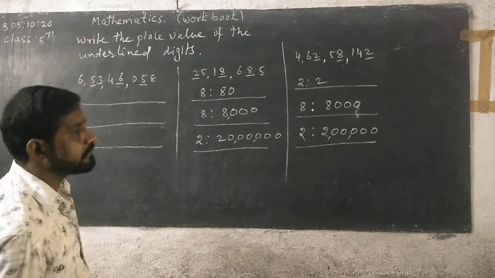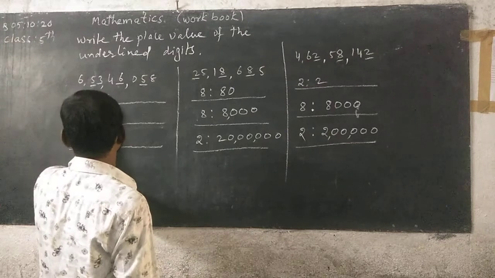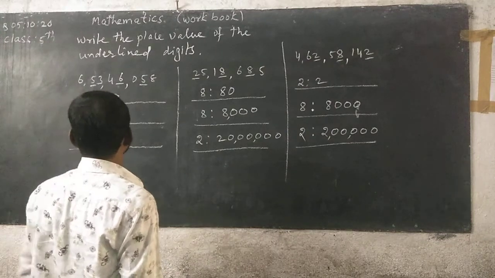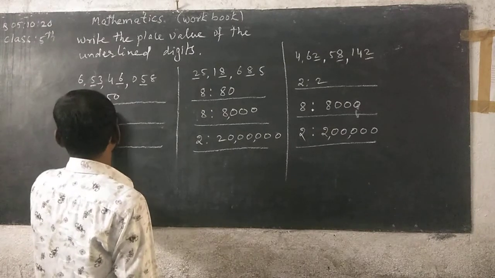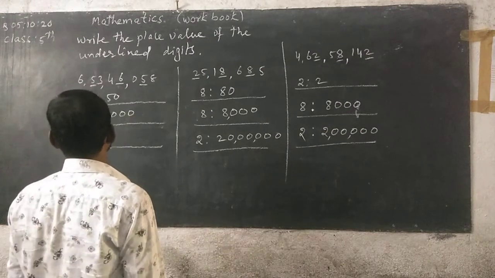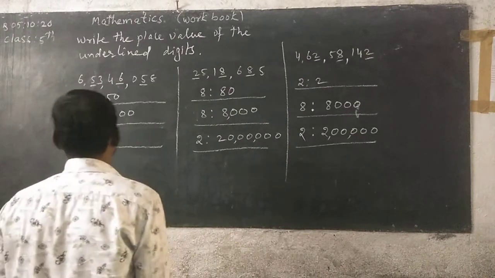You can start from right to left. 5 is in tens place, 5 tens is 50. Next 6 is in thousands place, 6,000. Next 5 is in 10 lakhs place, 50 lakh.